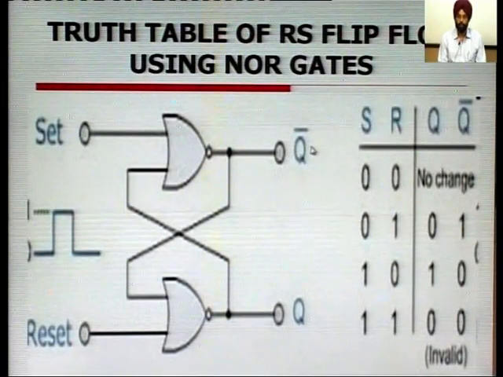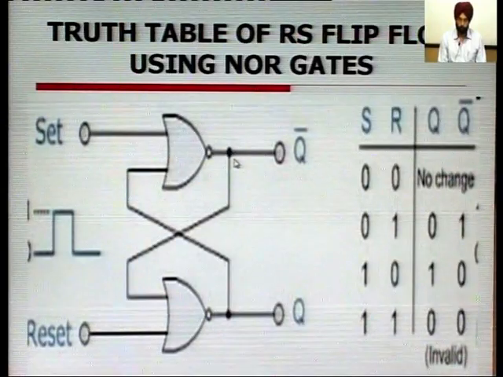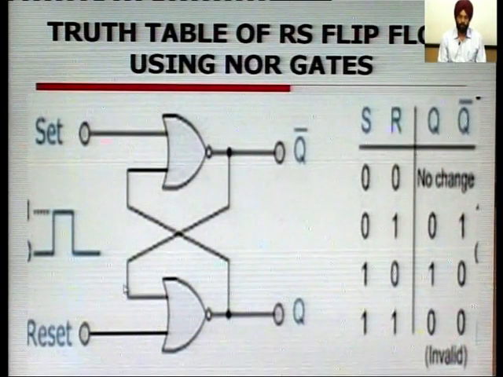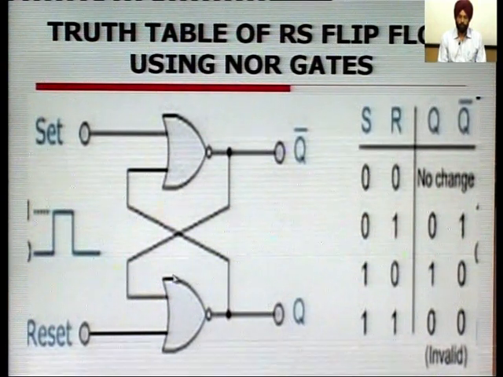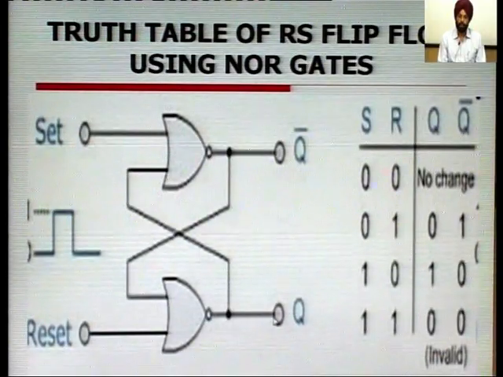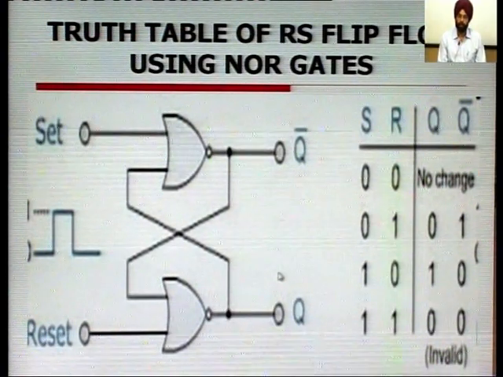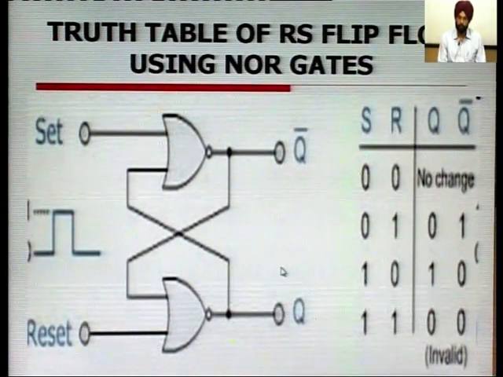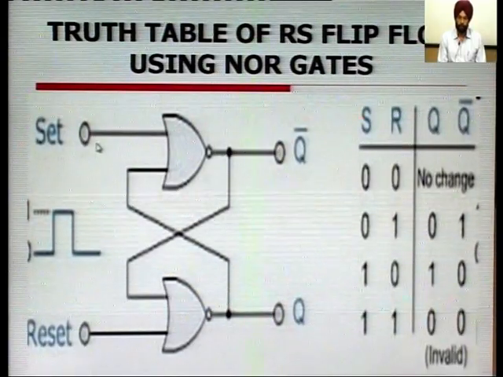So, Q bar will be 1, which is the previous state, and when this output is 1 and this input is 0, both inputs are 0 and this output again is equal to 1. So, it will stay in the last state, the state where it was previous to applying these two logic levels at 0.